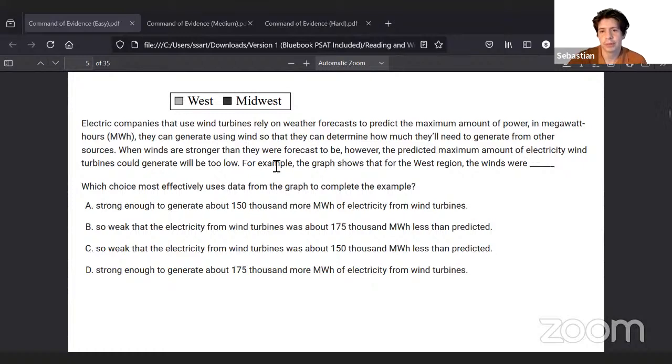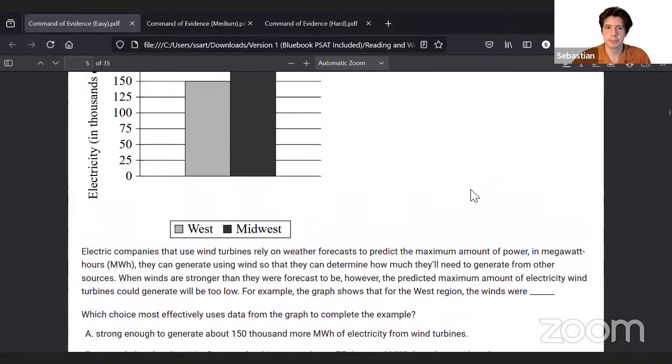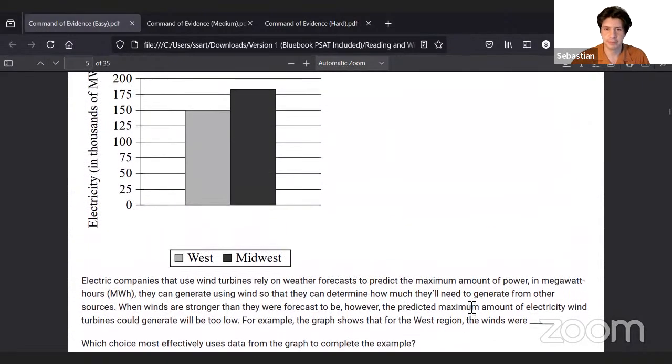So again, what was the claim they were making? That they can generate using wind, they can determine how much they'll need to generate from other sources. When wind is stronger than forecast, the predicted amount of electricity wind turbines could generate will be too low. So the predicted amount would be lower.